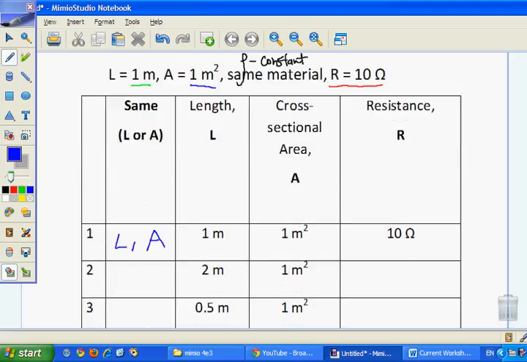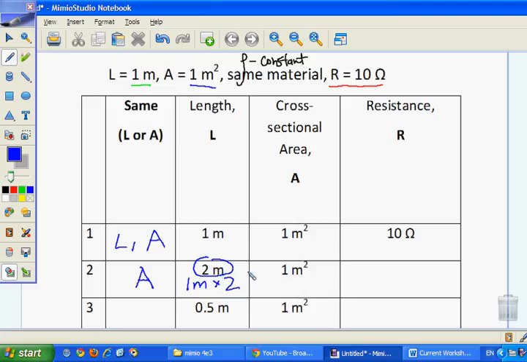Let's move on to the second part. So in this case, the L remains the same, and the cross-sectional area remains the same, which is 1 meter squared. So I just put in A remains the same. What has actually changed if you compare with row 1 is the length. My 1 meter has now become twice, so it's times 2.